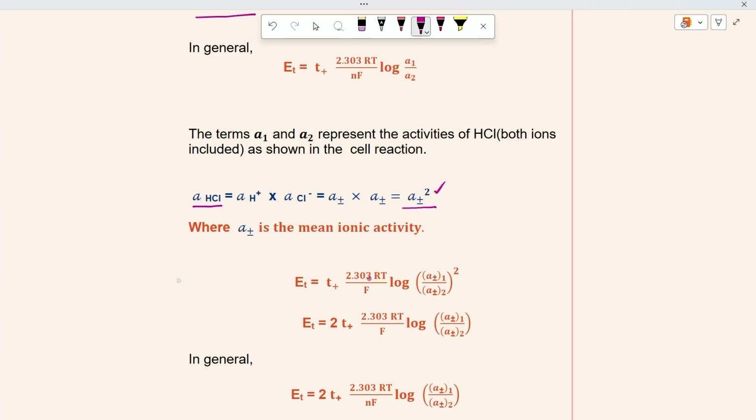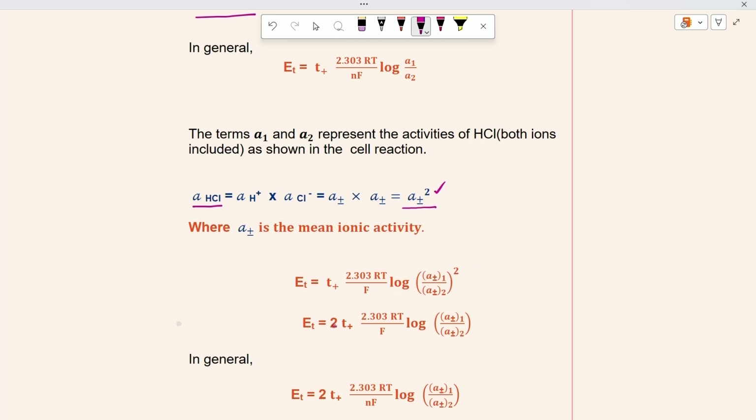So, when I replace the activity of the electrolyte by the mean ionic activities of each of the ions we are considering, we get Et is equal to t+ 2.303 RT by F log, where we have the mean ionic activity of concentration represented by 1 and the mean ionic activity of concentration represented by 2, whole square.